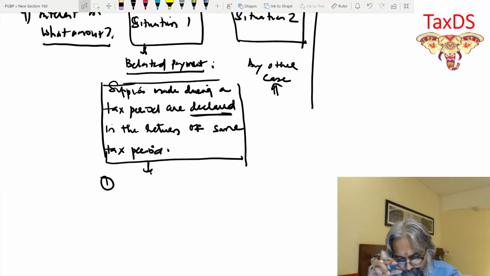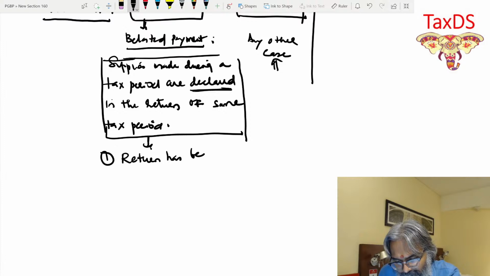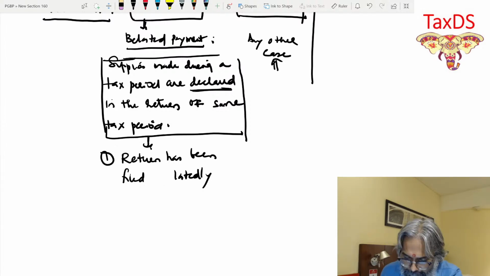The supplies made during a tax period are declared in the return of the same tax period. So what does it imply? What you have done, students, is you have filed a return belatedly. Do you all agree? Return has been filed belatedly.